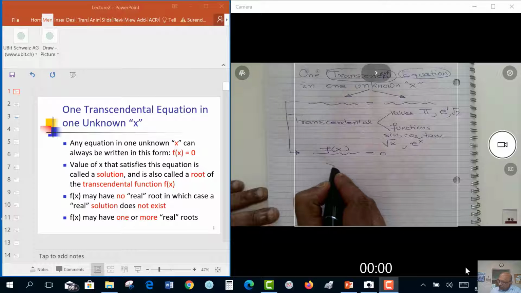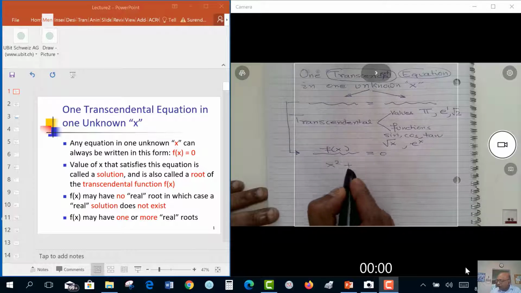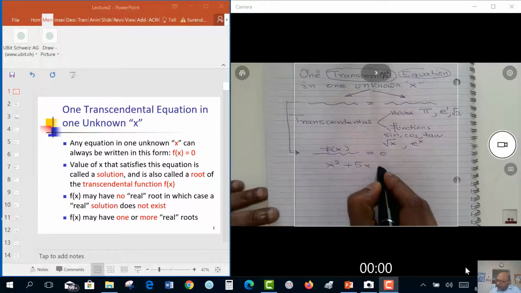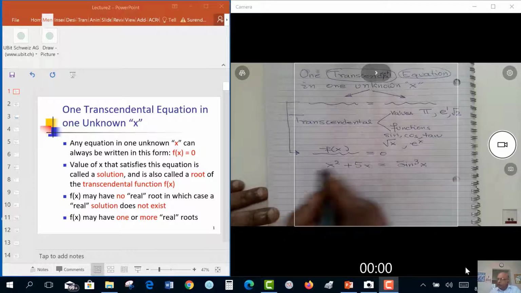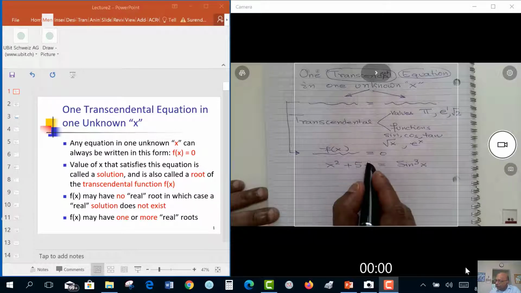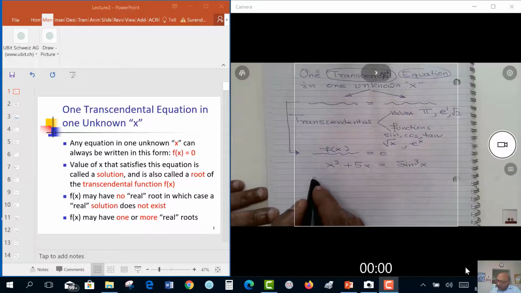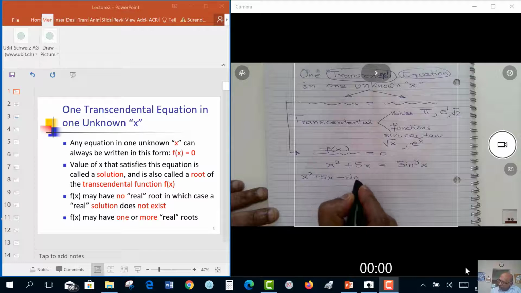So for instance, suppose we have an equation x squared plus 5x is equal to sine cube of x. So in order to transform it into this form, f(x) is equal to 0, one way we can do it is we say x squared plus 5x and we subtract sine cube from both sides.